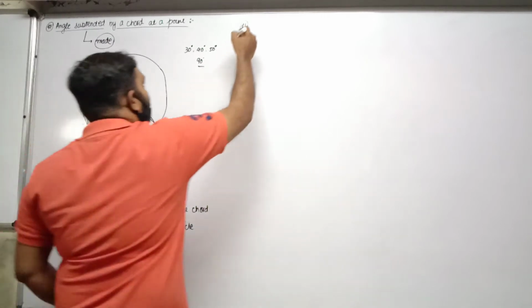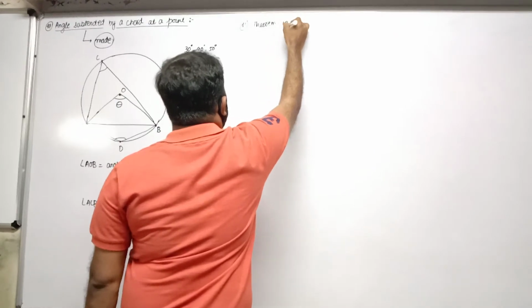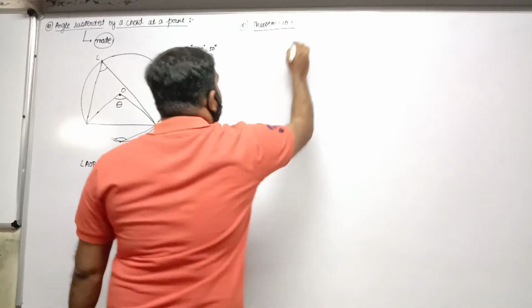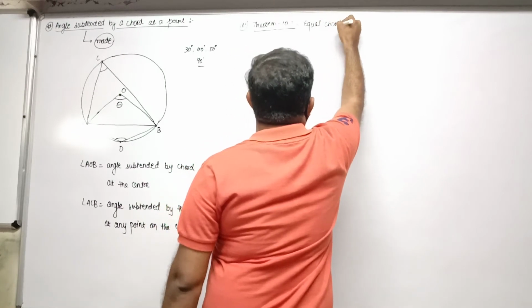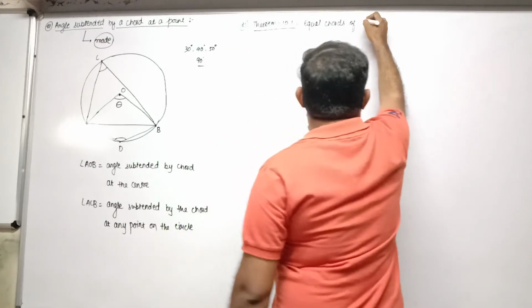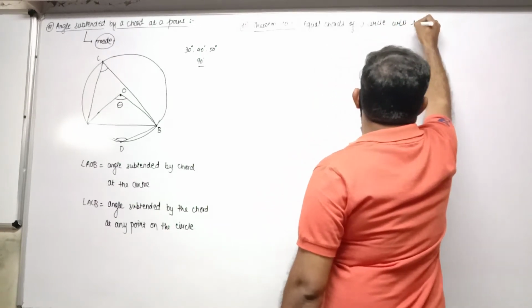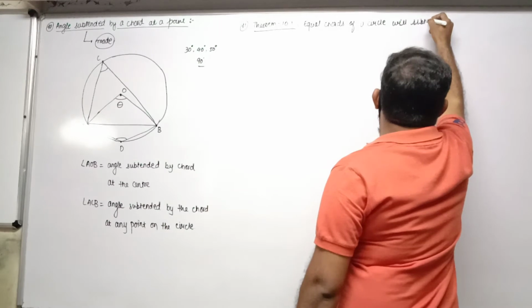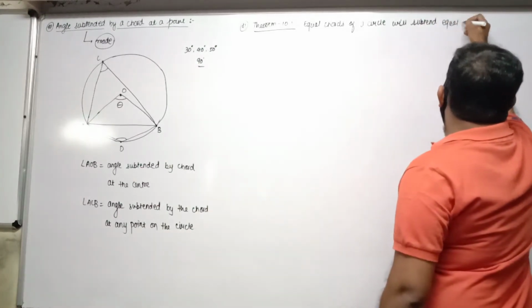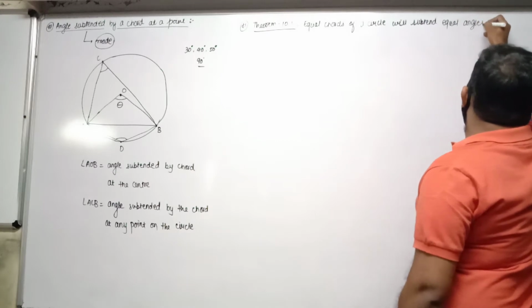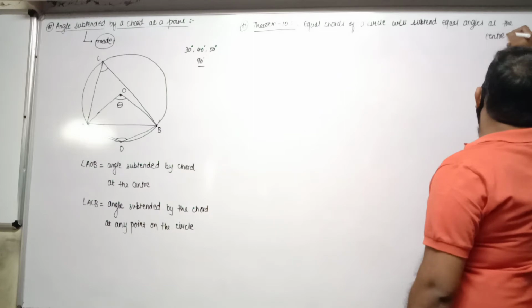The first one says that equal chords of a circle will subtend equal angles at the center.